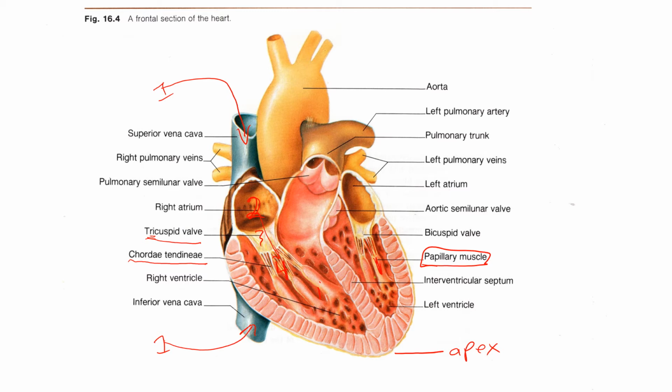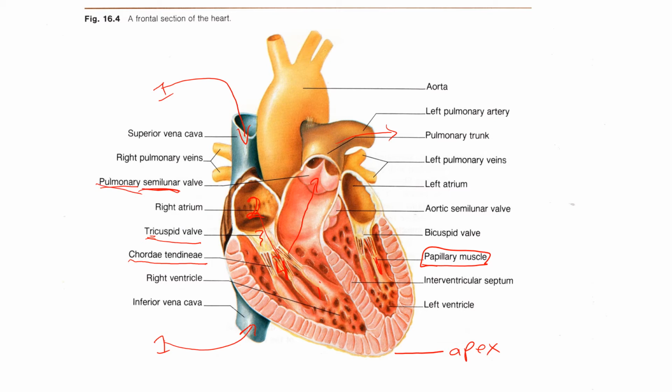All right. When the right ventricle contracts, it pushes blood out through these half moon shaped valves. They open up and the blood is pumped out. It's on its way to the lungs. Okay, this valve is headed to the lungs, so that's pulmonary, and it's half moon shaped, so semilunar.